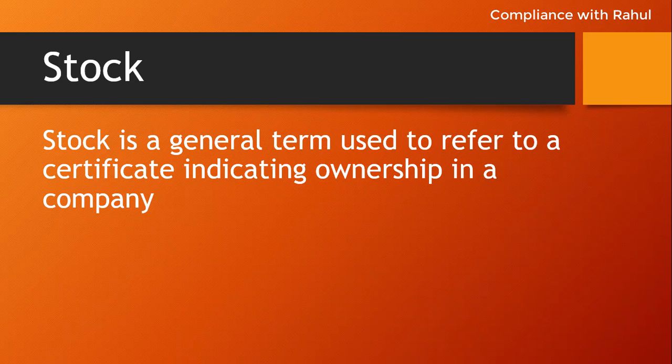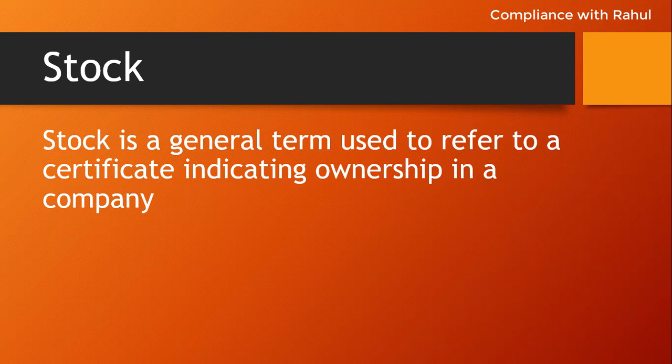So if you are the owner of a stock, this means you own a certain part or a certain percentage or a certain fraction of the entire company, meaning to say that if suppose Reliance has 1 lakh shares outstanding, this is just an example. If Reliance has 1 lakh shares outstanding and you own 10,000 shares of the company, this means that you are the owner of 1/10 of the company.